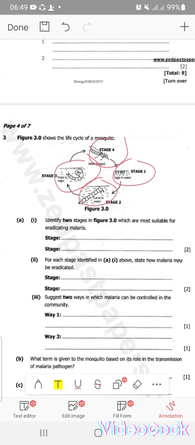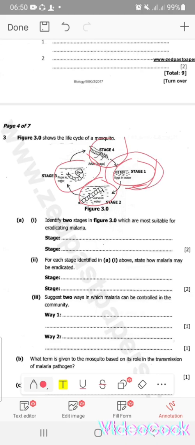So first of all, at stage 1, this is not a suitable stage to kill or to eradicate malaria, because you cannot kill these eggs so easily. So even if we were to spray an insecticide, they will not die because they are inside.